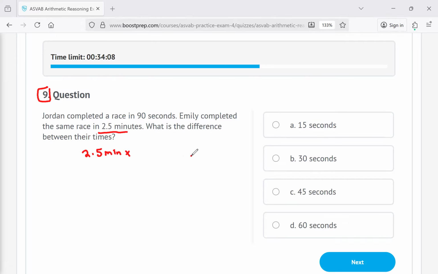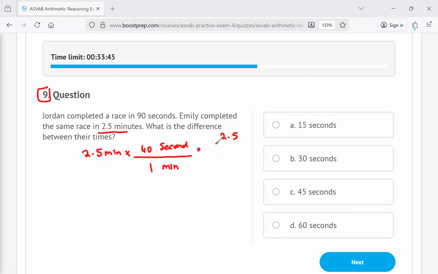So you can set it up like stoichiometry, right? You're going to put the minutes units on the bottom and the seconds on the top. So we know that in 1 minute there's exactly 60 seconds. So what's 2.5 times 60?